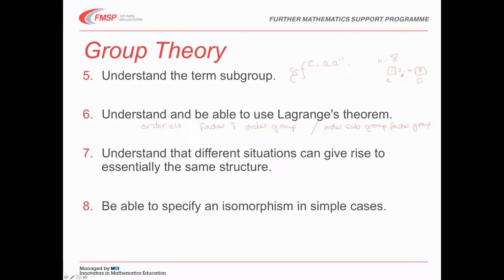It's worth mentioning here that any subgroups of order 2, they must always have the identity element. They must have one other element. And so that element must be self-inversing. So it's a very easy way of finding those subgroups of order 2 if you look for the self-inversing elements. Subgroups of order 4 are also worth mentioning because there are just 2 kinds.